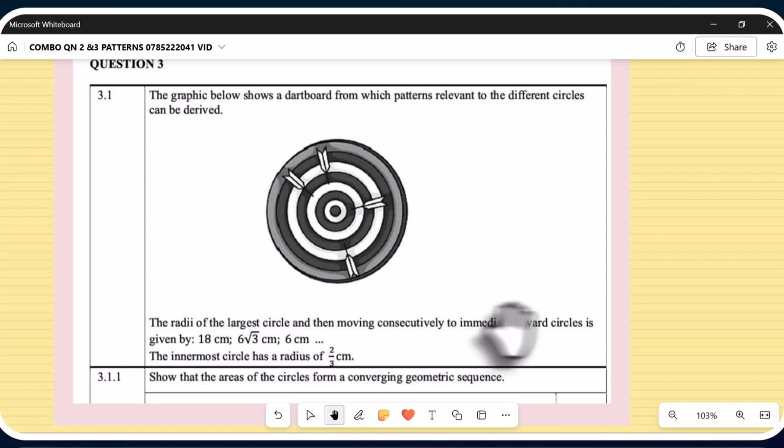Now, how do you find the area of a circle, guys? Area is given by pi r squared.